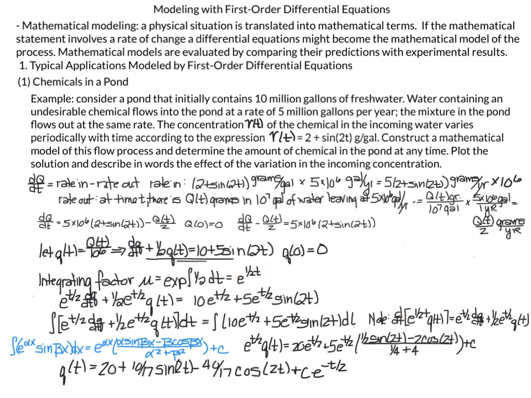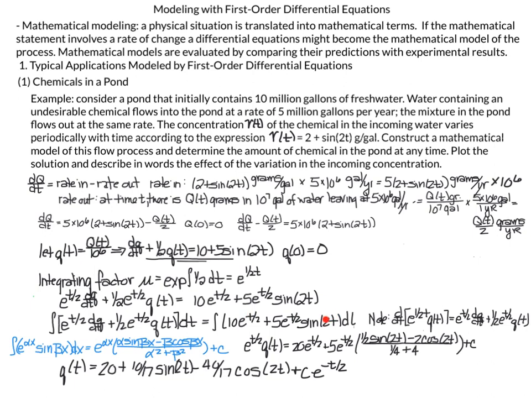We integrate, and then we get this equation here. This part was a little bit difficult to integrate. This one's easy, right? It's just our integrating factor times q of t.